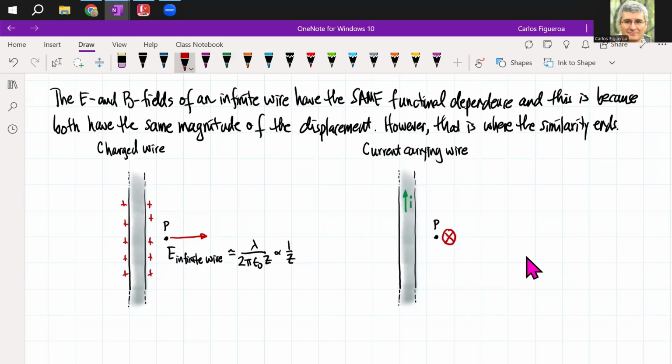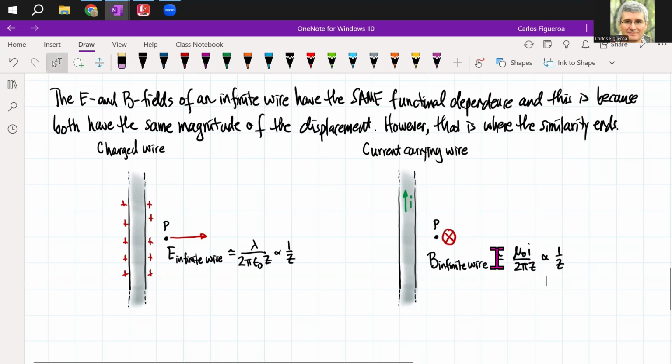And as it points inwards, I can write the magnetic field, which we just calculated. And this is an infinite wire again. And I can approximate that by writing that this is then going to be mu naught I over 2 pi z. And this will be proportional to 1 over z. So you could see that, yes, they have the same functional form. But that's where it ends.